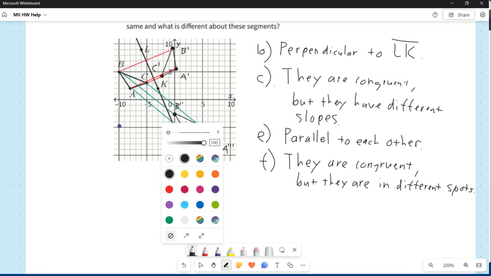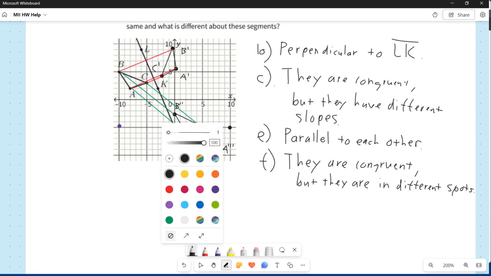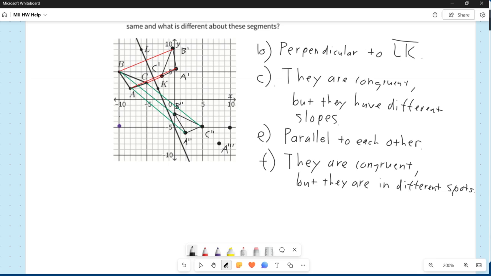Well, we don't really need to count all that because we kind of know where we're going to end up. We're going to end up right there. We're going to go from negative 10 to positive 10. So that point is B triple prime.